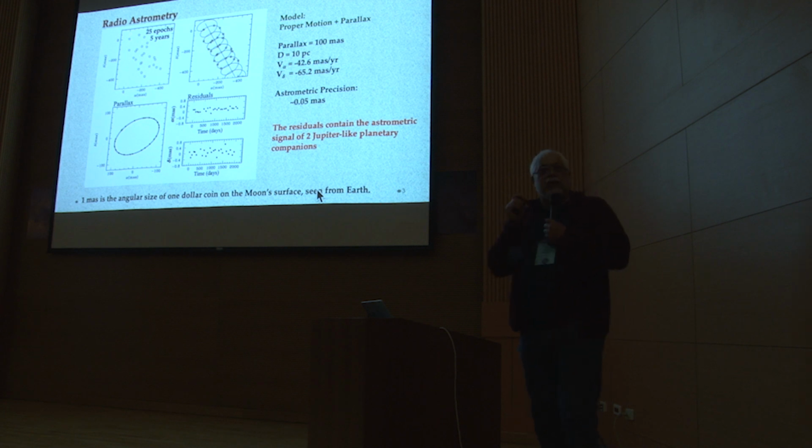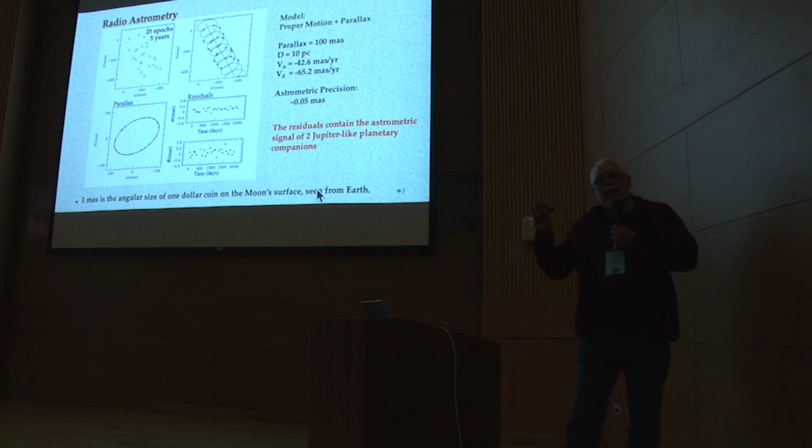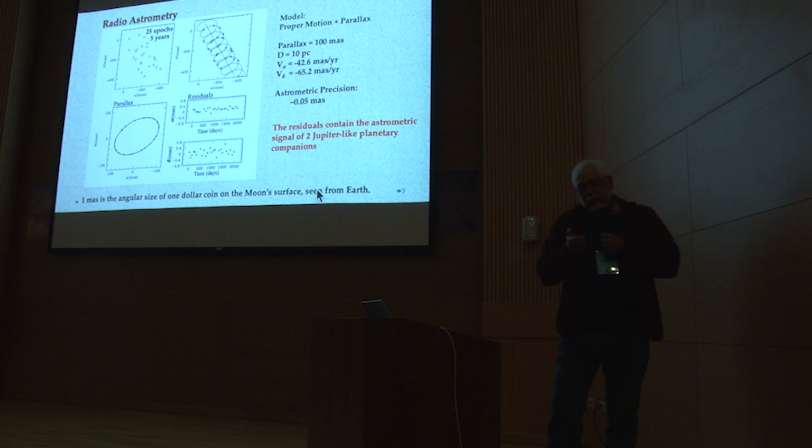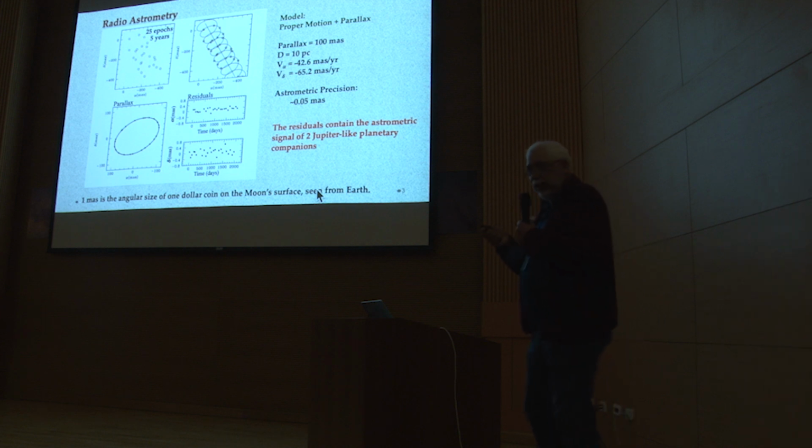Just the position of the star. So you have to collect many observations, many dots, and then you get something like this. Doesn't make sense, right? So you have to apply a model to try to get some sense of this. So you apply proper motions and parallax, and then you fit the dots, and you get a good fit. So that's perfect. We get the distance, we get several things.